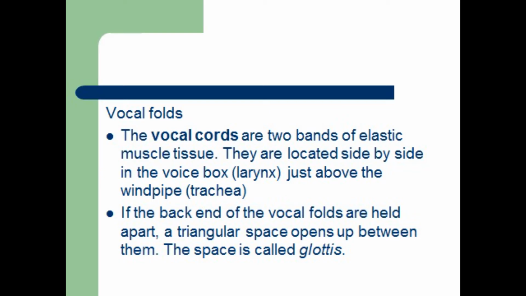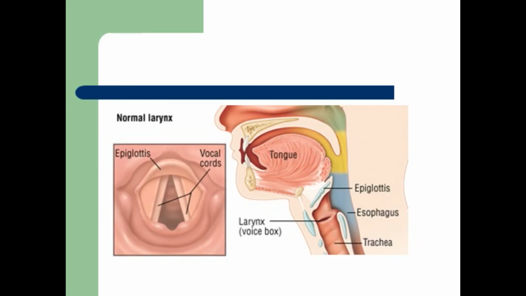The vocal folds or the vocal cords are defined as two bands of elastic muscular tissue. They are located side by side in the voice box or larynx, just above the windpipe, trachea. If the back ends of the vocal folds are held apart, a triangular space opens up between them. This is called the glottis.